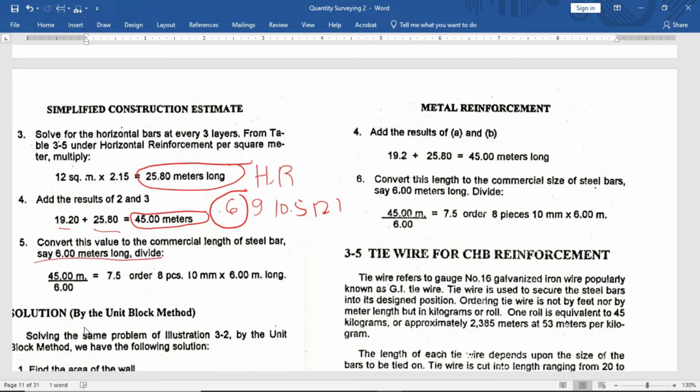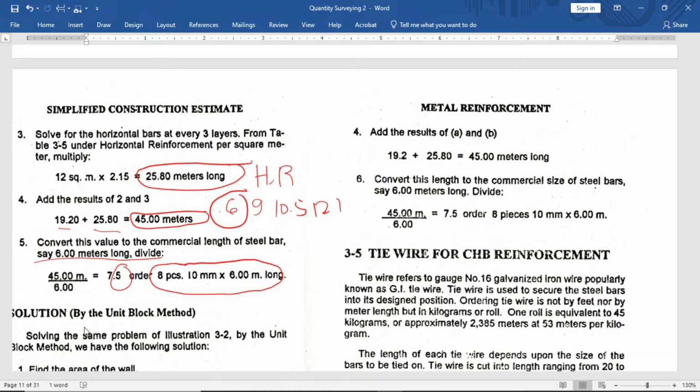Kung gusto nyo 9 meters yung gamitin nyo, okay yan. Depende yan sa inyo. 45 divided by 6 is 7.5. Since wala naman tayong nabibiling kalahating length ng 6 meters na bakal, i-round off natin. So, say, bibili tayo ng 8 pieces na 10 mm by 6 meters long na bakal.